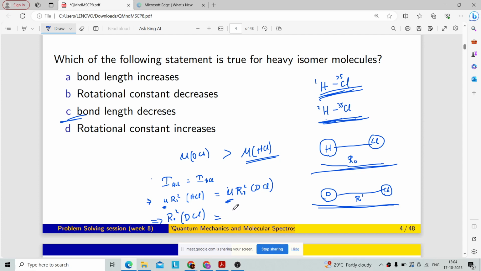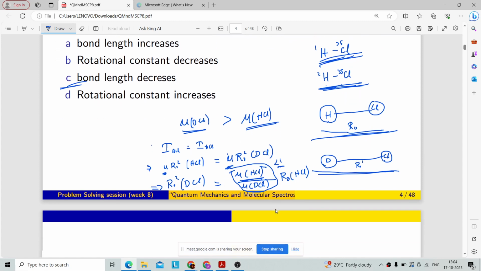This will be mu of HCl over mu of DCl times R naught of HCl. So we know reduced mass of DCl is more than reduced mass of HCl, so in that case this factor will be less than 1, or it will be small.